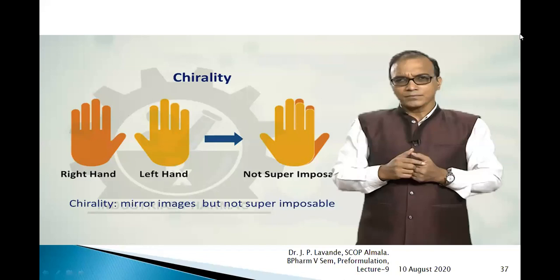So that is said to be superimposable. But on the right-hand side here, as I told you, you have to place your hands in such a way that the palms are facing toward your face, and you will find that the thumbs remain on both sides. So chirality means the mirror images are there, but these are not superimposable.